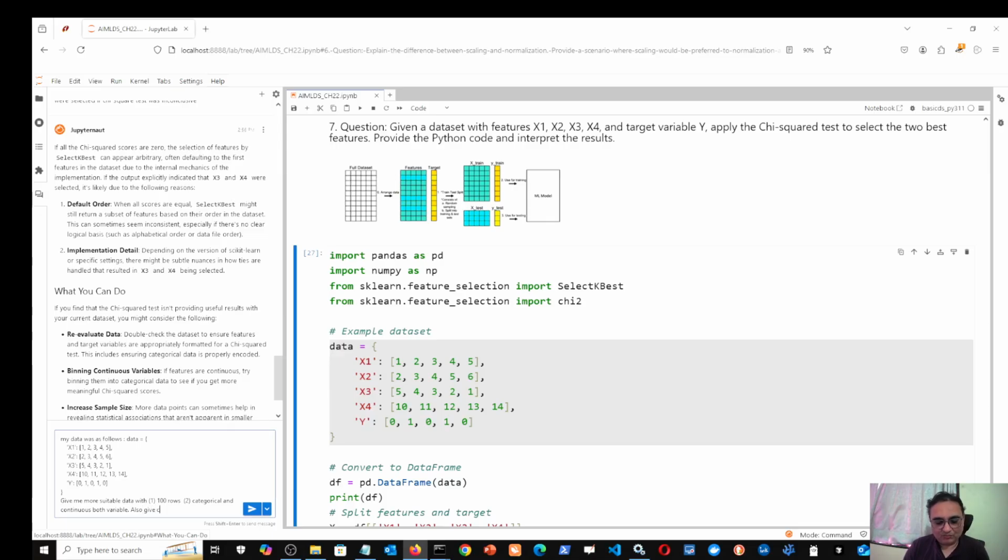Also give complete Python code for conducting the chi-square test on that new data.